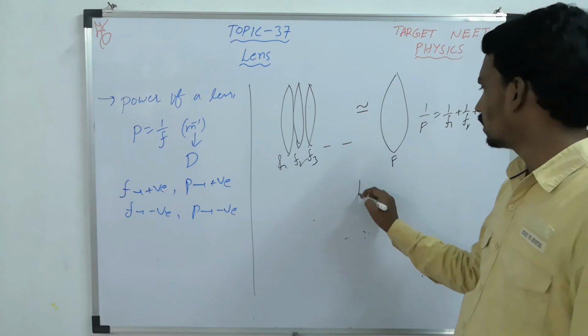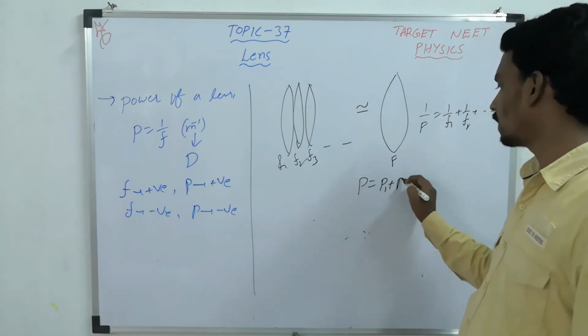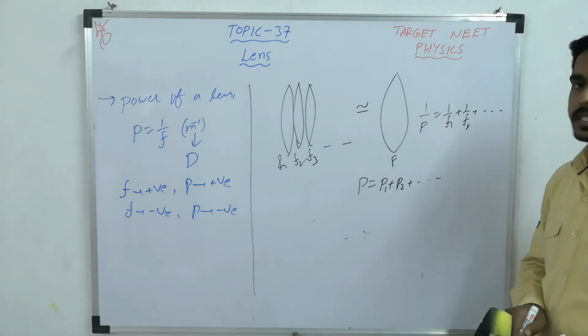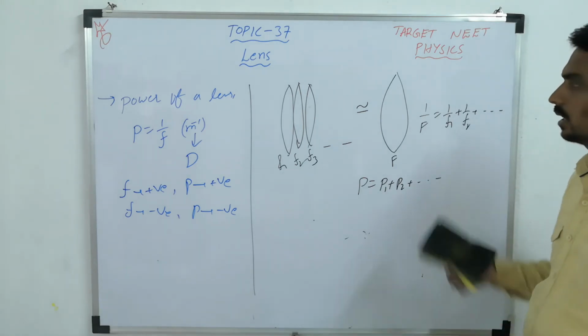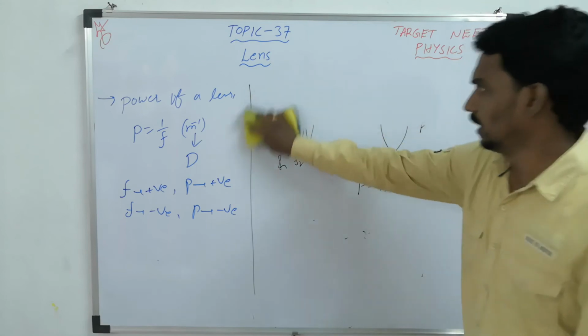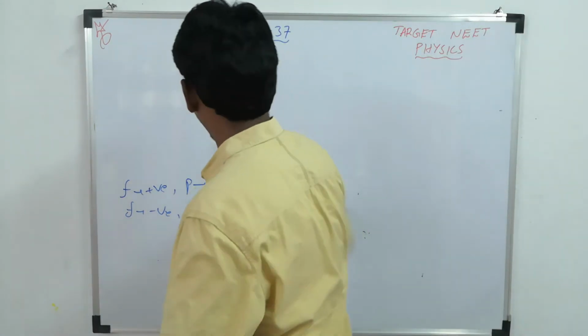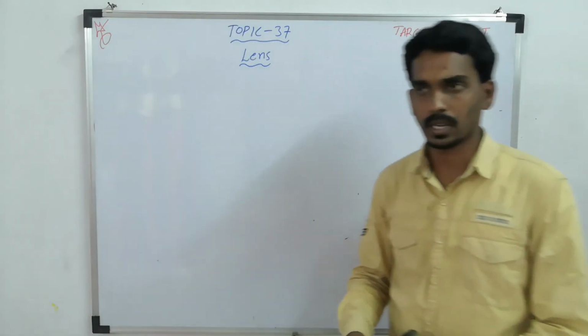So here the resultant power is P1 plus P2 plus so on. This is the combination of thin lenses in contact. And here some little bit difficult question will be asked. That also I will tell you, what kind of question will be asked.